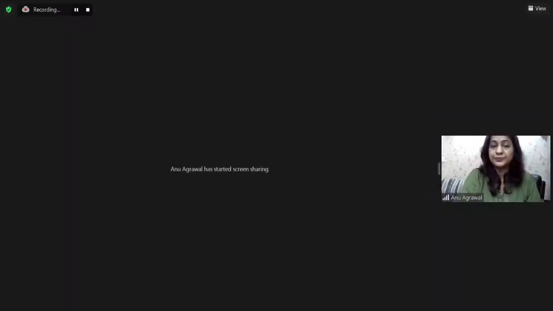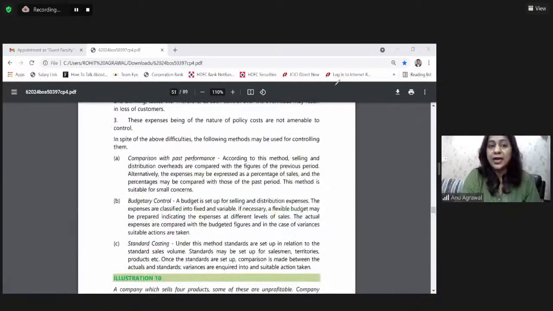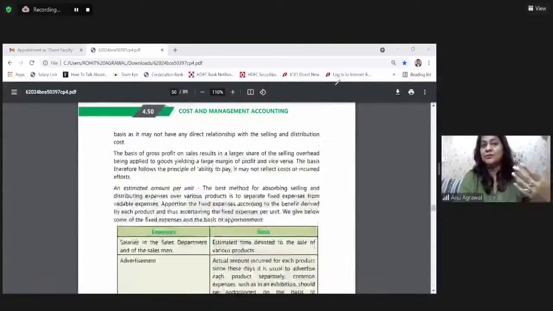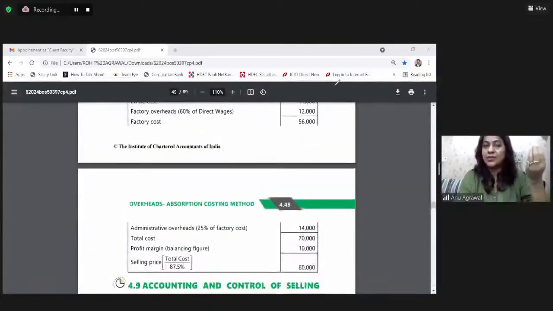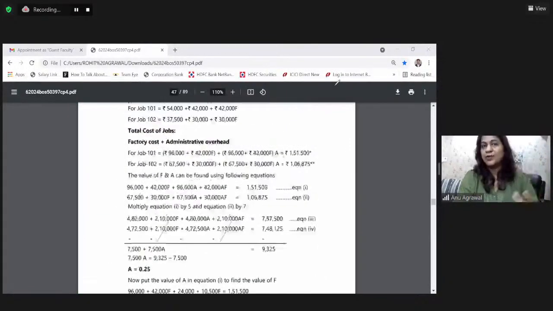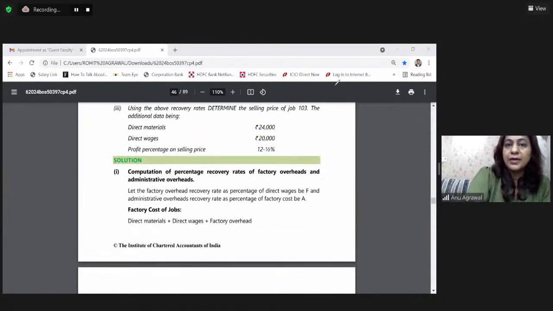Now, keeping this in mind, I go back, Uma, to that question, Illustration 9. That illustration is basically not a question of costing. It is basically a question of whether you understand how to form equations. They are very clear.